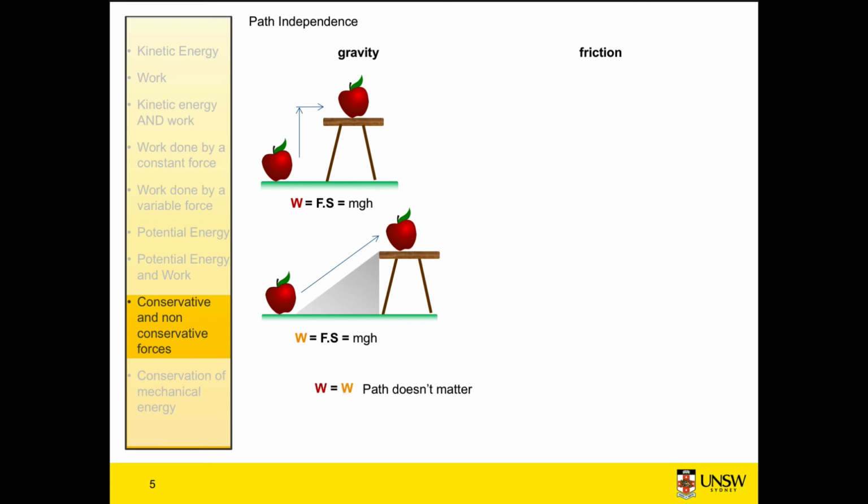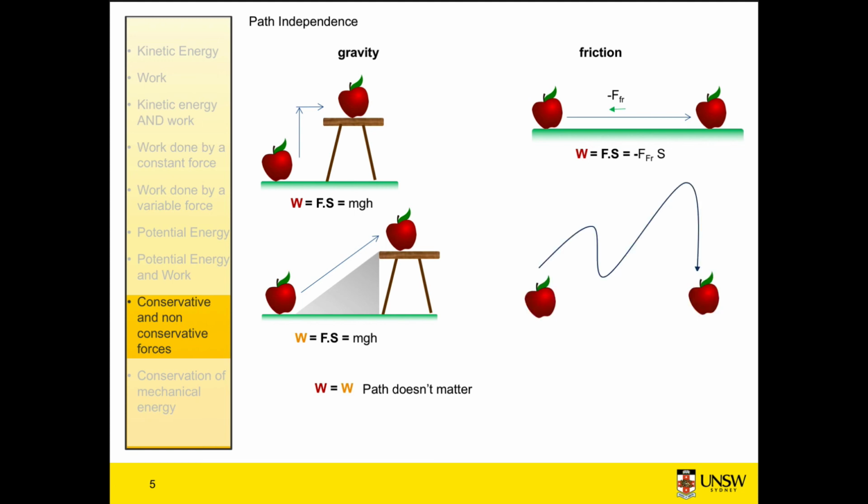In the case of friction, however, friction is a force which opposes the direction of motion. So if we push our apple in a straight line, friction is always acting in the same direction, and our work depends on the horizontal displacement of our object. However, if we take a different path, so one in which we change the direction that we push the apple, then the direction of friction also changes, since it always opposes the motion.